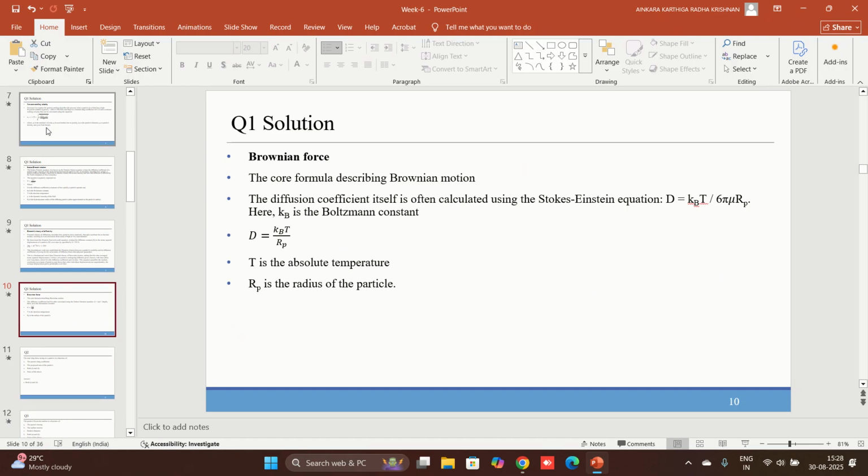And finally we have Brownian force. So it is like D is equal to kBT by 6 pi mu rp, where kB is the Boltzmann constant, rp is the radius of the particle, and T is the absolute temperature. So this is for question 1. I hope it is clear.